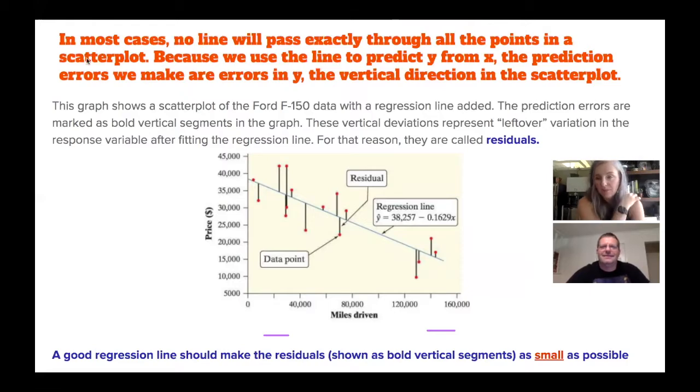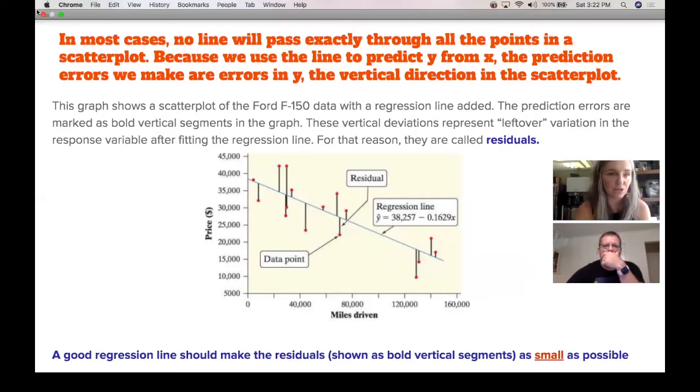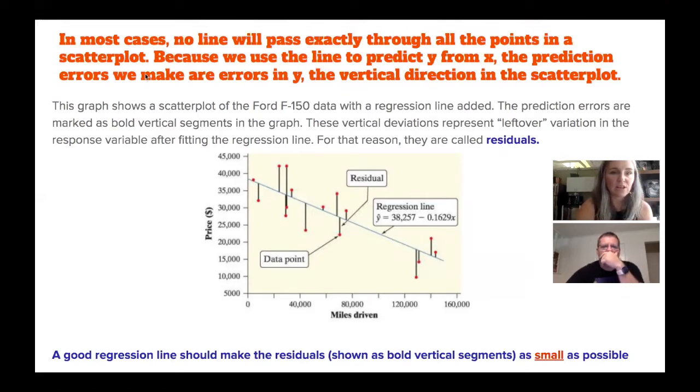I hope you watched the last video, or this graph isn't going to mean anything to you. What we have here is a model for the Ford trucks and how much they're worth after they've been driven for a while, and the actual data points that they grabbed. Remember, we said they didn't all hit.